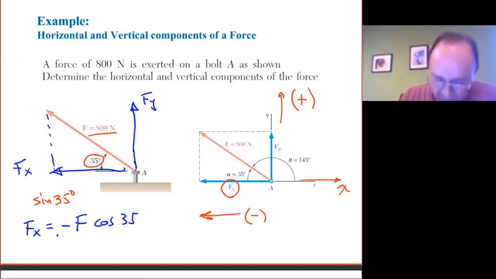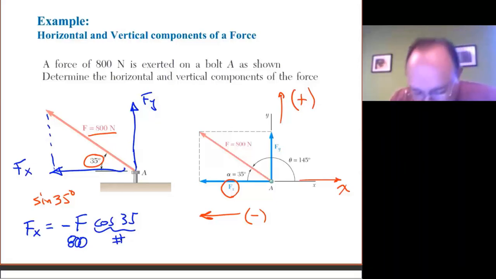You have to put the minus sign yourself, because the F is just the number 800, and the cosine of 35 is just whatever number this is, but it doesn't have a sign. Well, it does have a sign, but it's not this minus sign.